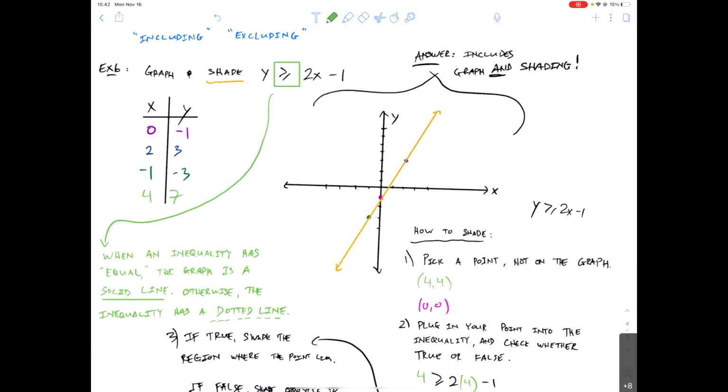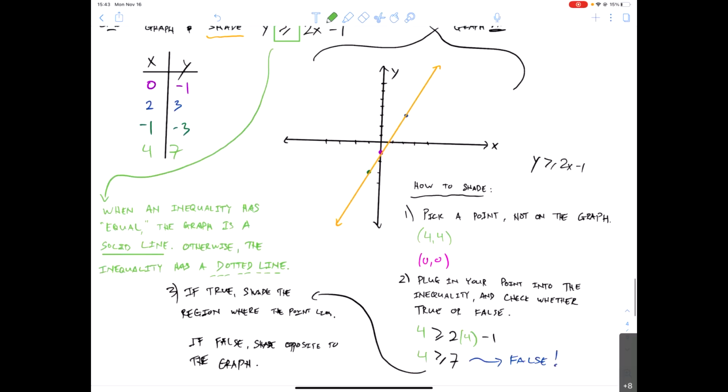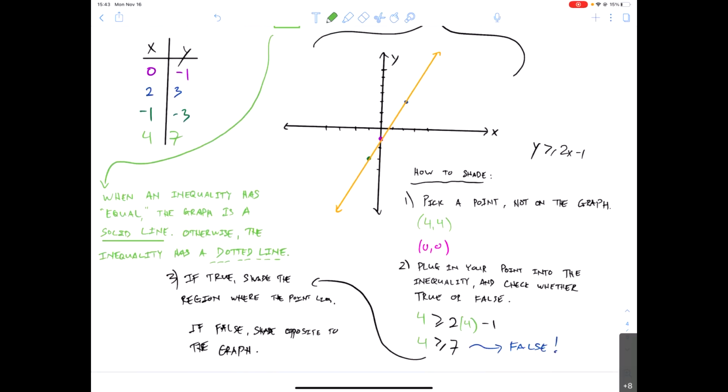No, I'm sorry, I said that wrong. So 4, 7, but we picked 4, 4. So that's what I was trying to say. Our 4, 4 is our checkpoint, right? So we look at 4 and we go 1, 2, 3, 4. So here's 4, 4 right here.